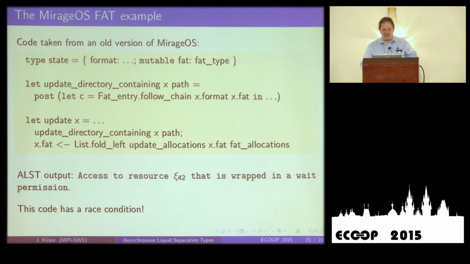Now, if you actually look at what this update directory function does, you dig through several levels of function calls, and at some point, it posts a task. That one uses that cache copy of the FAT to do some deeper magic. I'm not going into that, but it read that thing. Now, if you look at this bit of code and stare a bit harder, you may notice that this task is posted but never waited for.